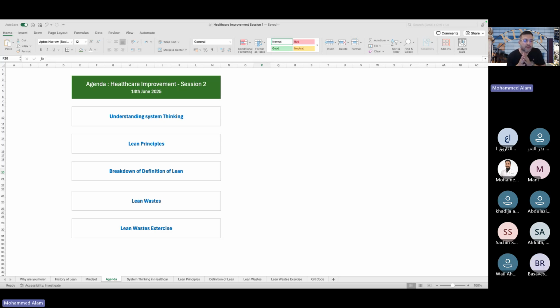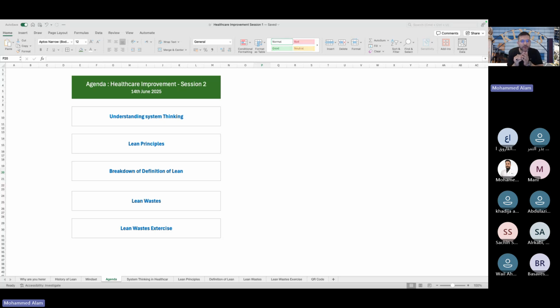So today we are going to cover five elements. First, we'll quickly go through understanding system thinking. What does it mean in a healthcare environment, in hospitals where all of us work, or some of us would want to work. Then we'll deep dive into the lean principles part. What are the five lean principles? Then we'll break down the definition of lean.